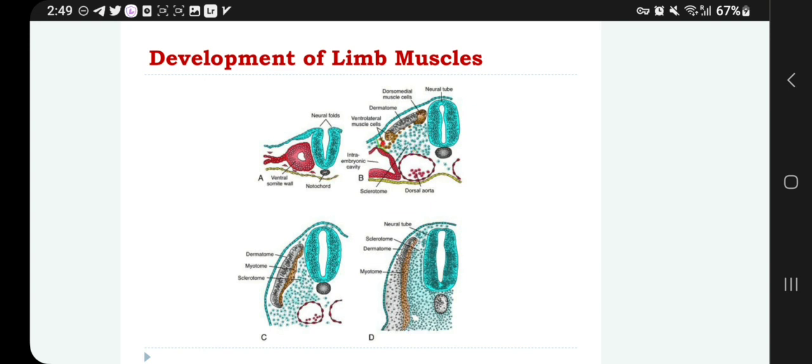But the cells that pass from here and migrate to the lateral plate mesoderm, they are abaxial.